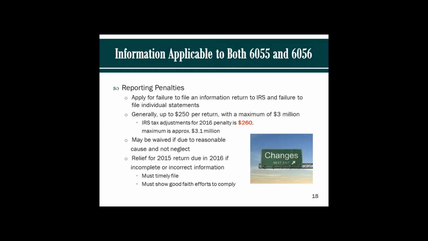And then finally, just last month, when the IRS put out its tax adjustments and its penalty adjustments, it increased it to $260 per form, or a maximum of $3.1 million approximately. So first of all, you need to be aware, I think this is a very steep penalty. And the key is, if you don't do your filing, that's when this penalty could be applied.